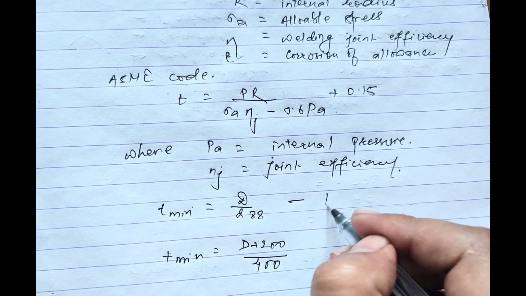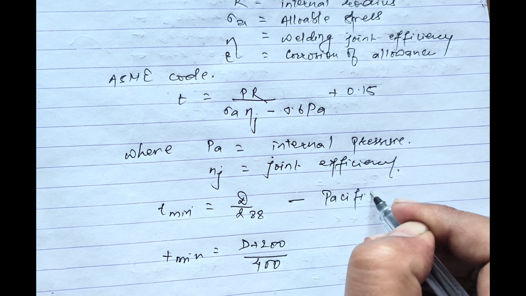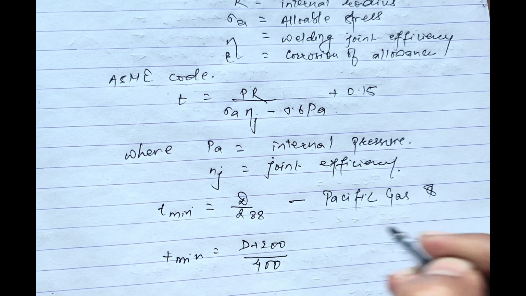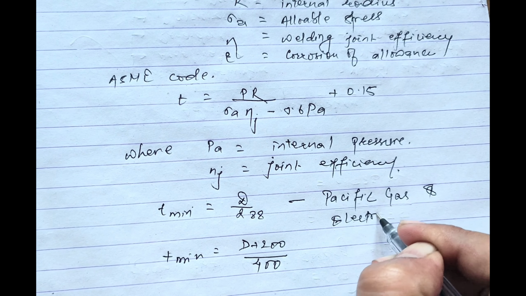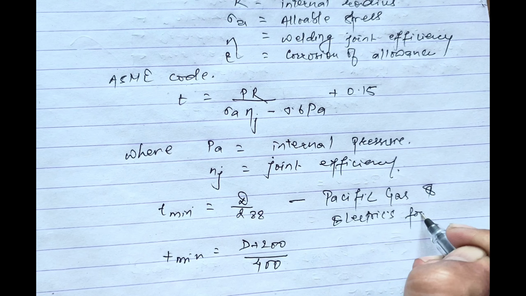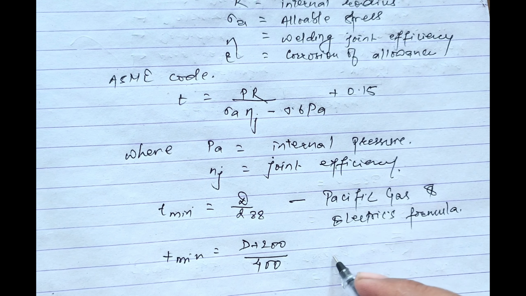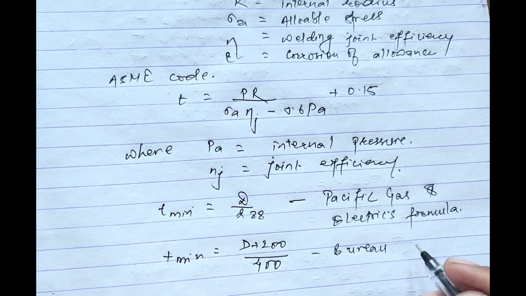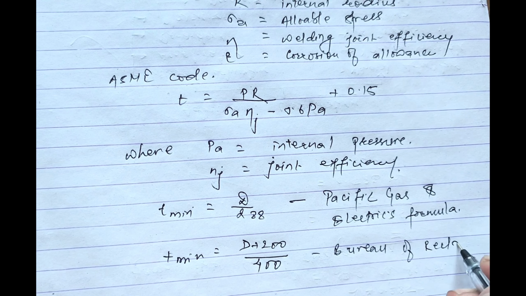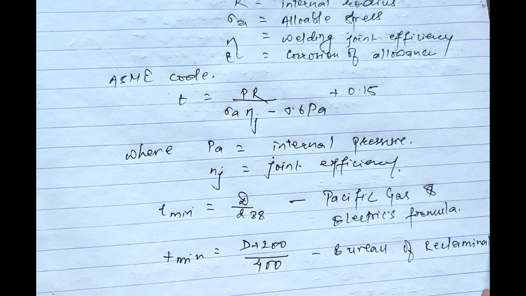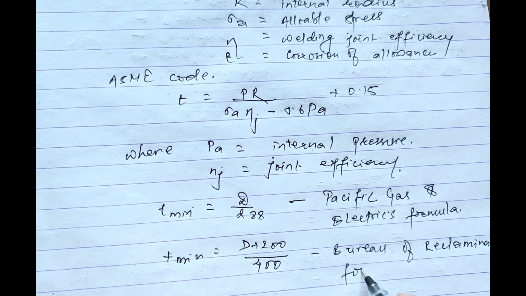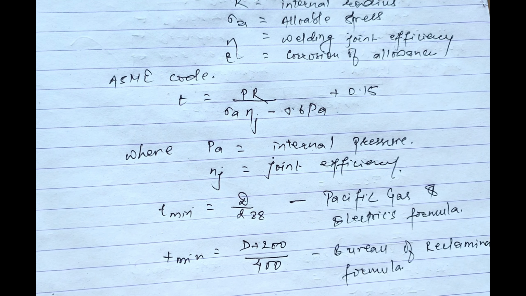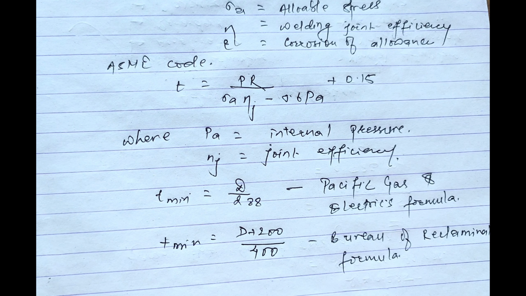This one is as per Pacific Gas and Electric's formula, whereas this is as per Bureau of Reclamation formula, where t is the thickness and D is the internal diameter. Among these two values, the greater value will be adopted.